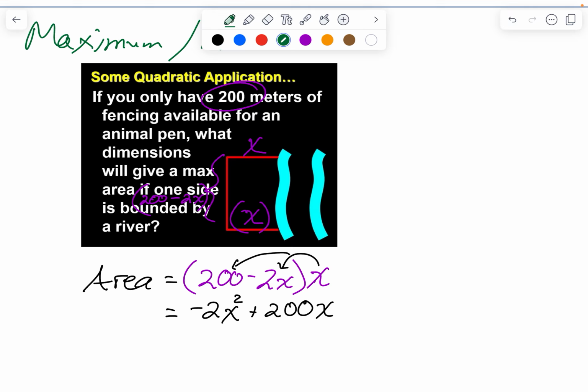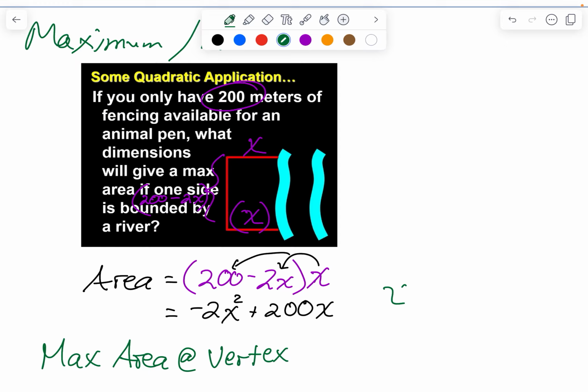Now, students, if I'm trying to get a maximum, in this case a maximum area, here's the interesting thing. The equation is an equation for area. So that means my maximum is going to be a maximum area. But what I want you to realize is that that's going to happen at the vertex. So we get to find the vertex.